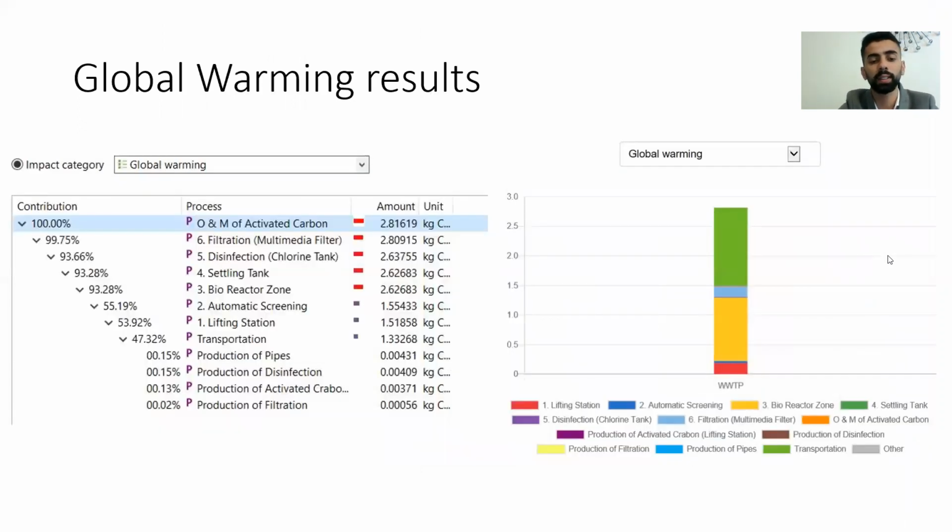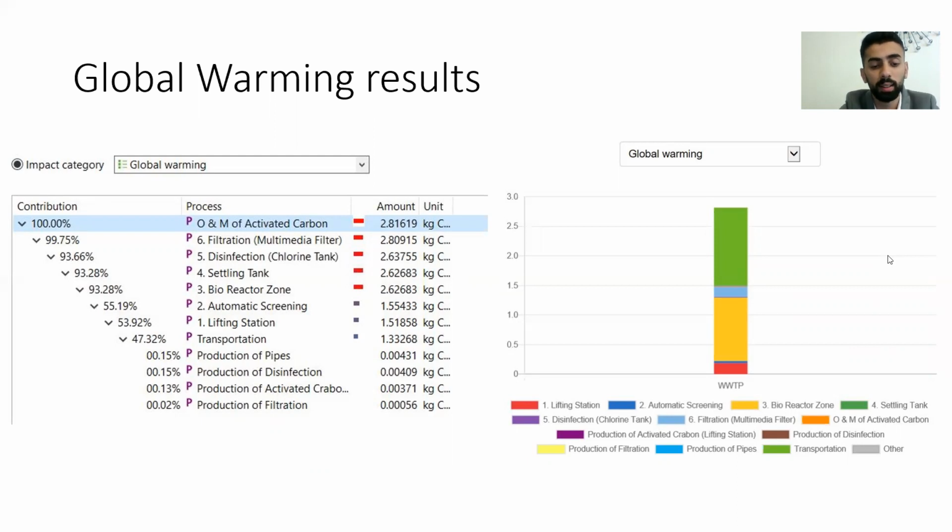Looking at the results, you can analyze which contributors have more significance on the environmental impact. In this way, it will help in understanding and managing the wastewater treatment plant processes. For example, if you look here at the impact on global warming, and by looking at the green bar on the right side, it represents the transportation process.